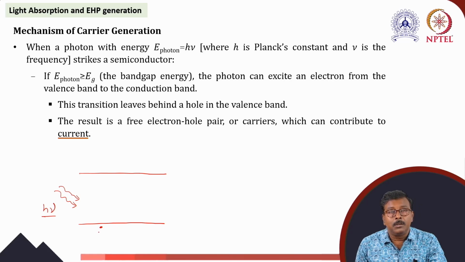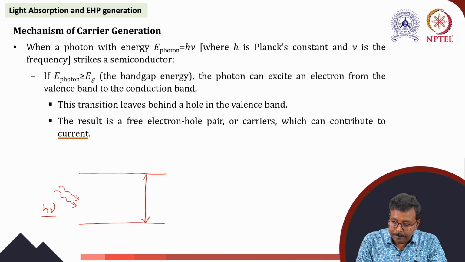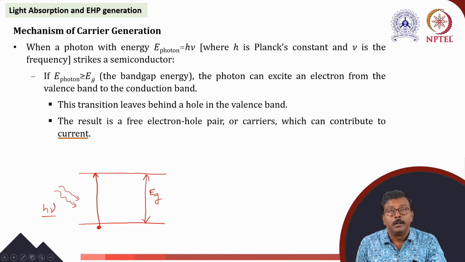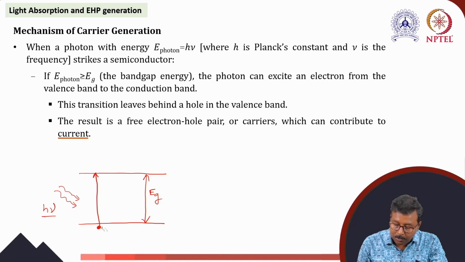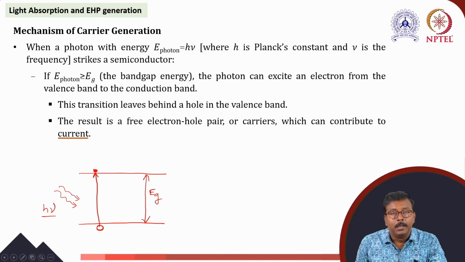If this electron gets energy from the interaction with the photon and its energy becomes high, and if this energy h nu is greater than or at least equal to the band gap energy Eg, then this electron may transit from here to here, leaving behind a hole here. When this electron reaches the conduction band, it is free.